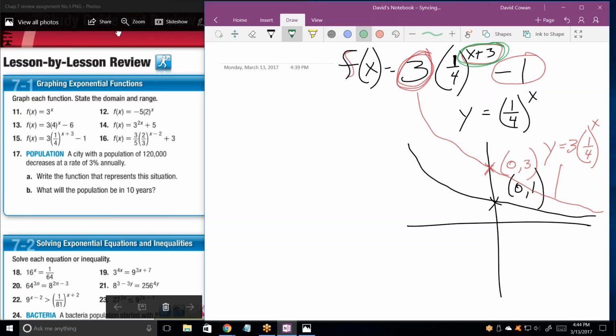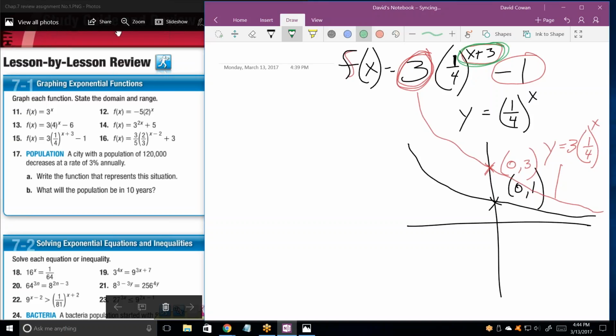All translations that are inside the function are horizontal. All translations that are outside the function are vertical. Okay. This is inside the function. The 3 that's circled in red here, that was outside the function, right? Outside the parent function.